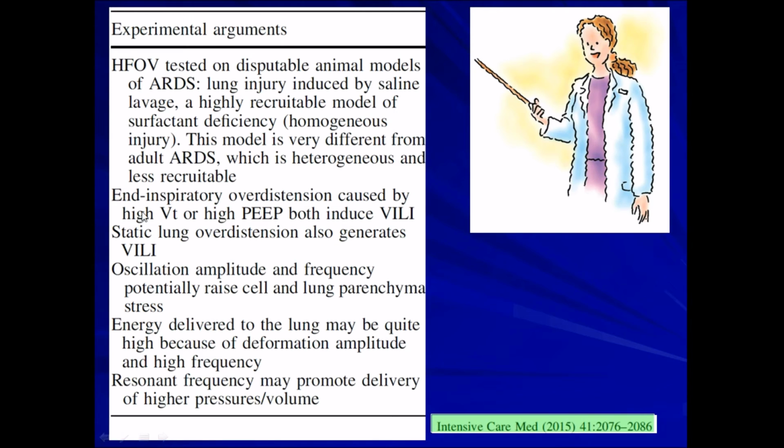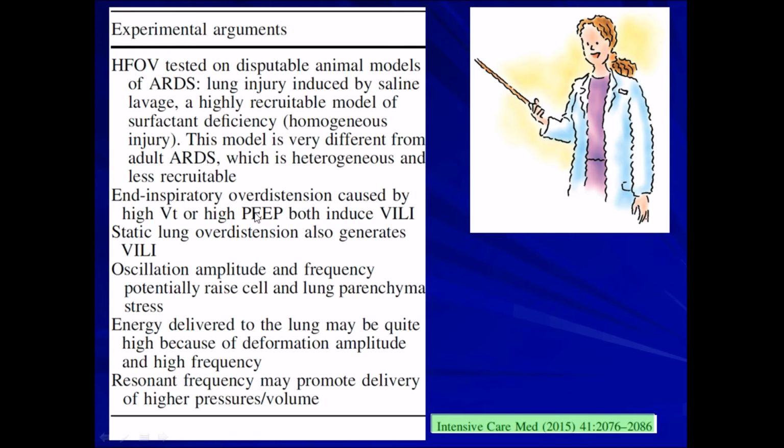The other thing is that end-inspiratory overdistension caused by high tidal volume or high PEEP both induce VILI, and this is really important because we used to think that high tidal volume alone is responsible for ventilator-associated lung injury. Now, the high tidal volume is what we call dynamic strain. But what about high PEEP or high mean airway pressure, like in high frequency?